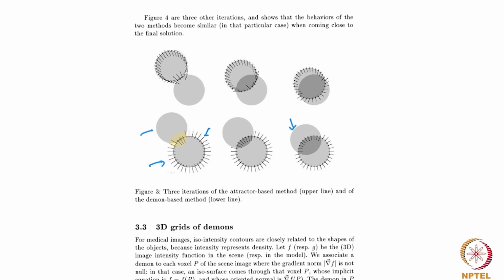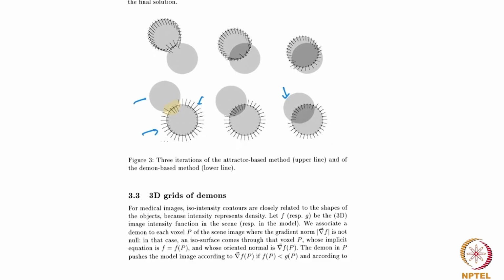So you can do that, and of course, how do you decide when to push in and when to push out? It depends on the orientation of the gradient, right? So for instance, the daemon in P pushes the model image according to gradient of f if f of p is less than g of p.